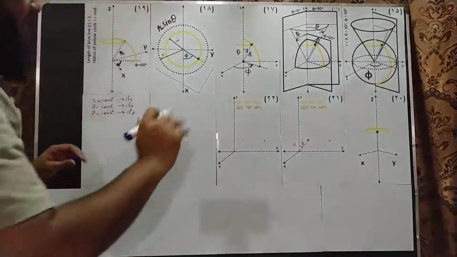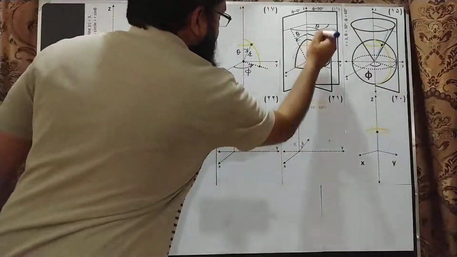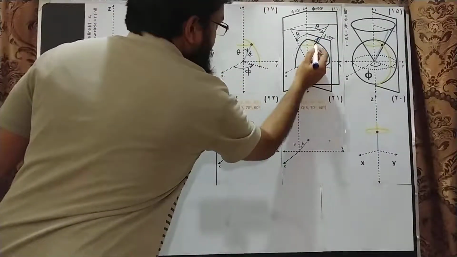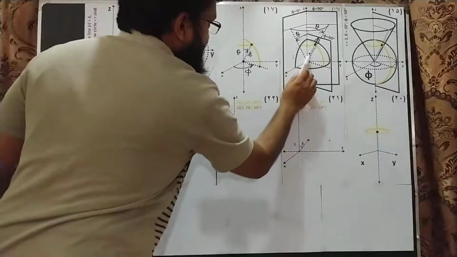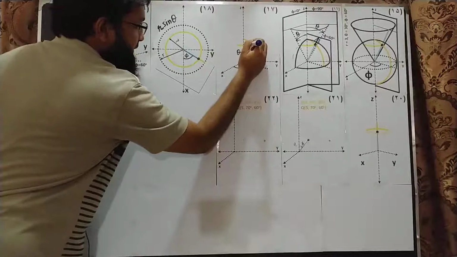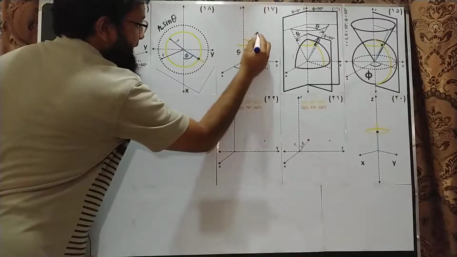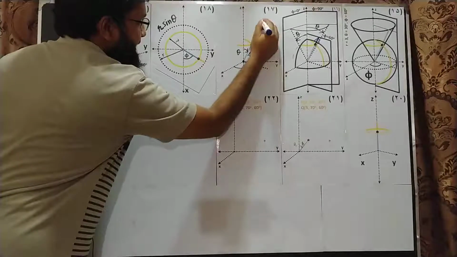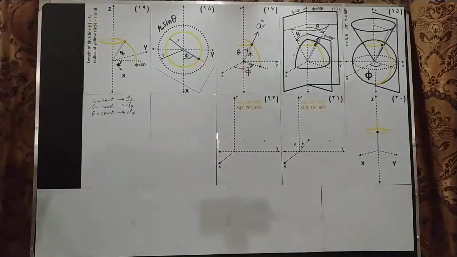So for AR, if you are at this point, move along this blue line, and that direction will be AR.